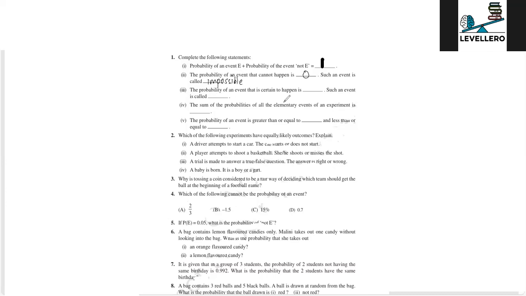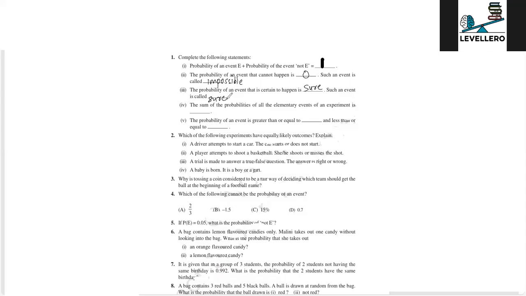The probability of an event that is certain to happen is a sure event. Sorry, sure is here.